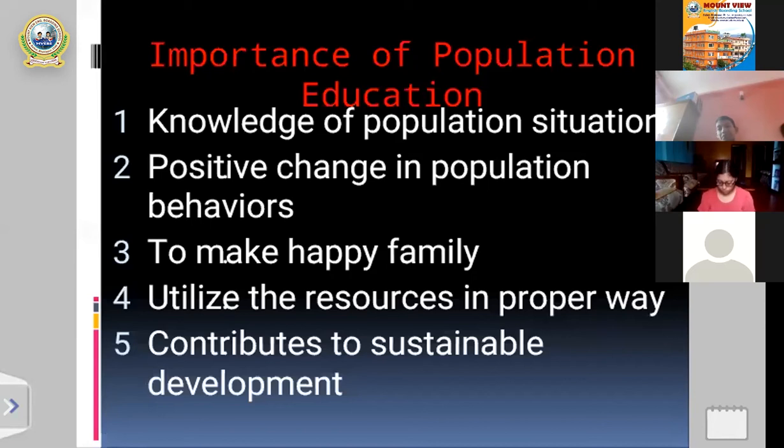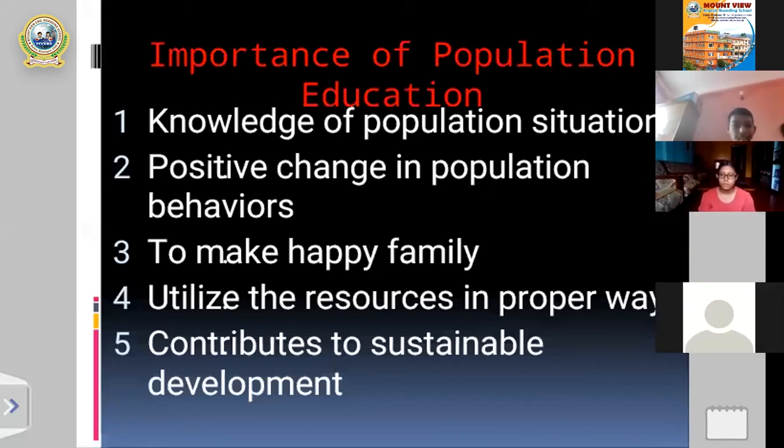Okay, my dear students, after the introduction, in the next slide you can see the importance of population education, and there are some importance of population education mentioned. First of all, I want to read them, and after that, one by one, I will describe them in short.